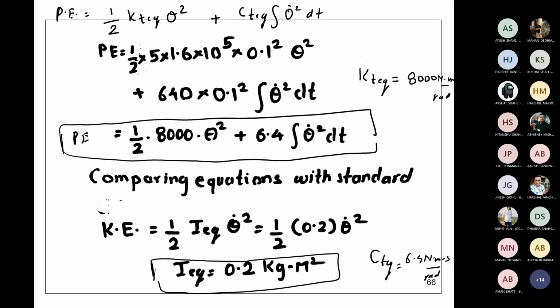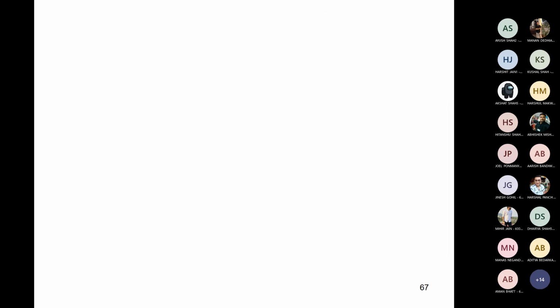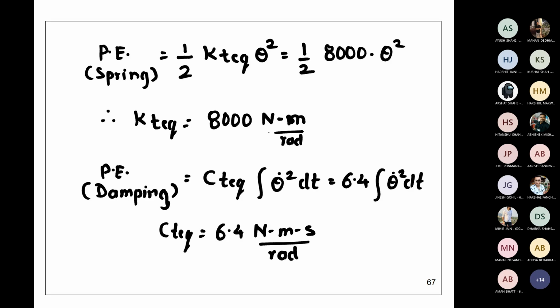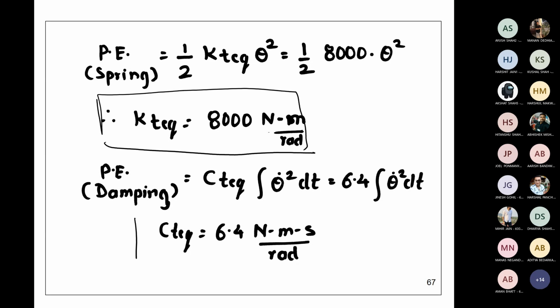All right. So we got K torsional equivalent by comparing the potential energy equation. So K torsional equivalent is 8,000 Newton meter per radian, and C torsional equivalent is 6.4 Newton meter second per radian. Any questions?